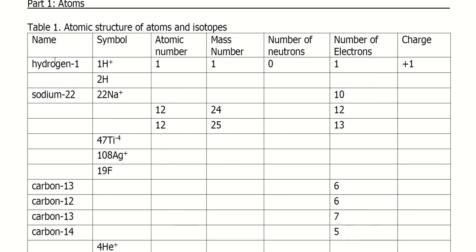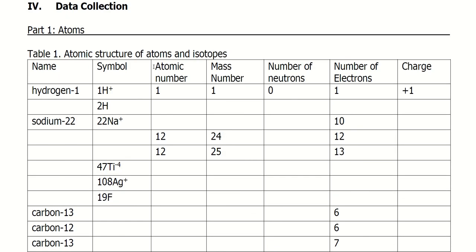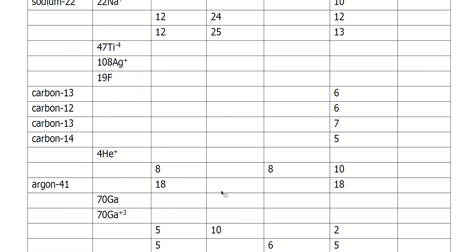So here in part 1, like I said, you are either given the symbol or you are given the information about atomic number, mass number, number of neutrons, all of that. So it's either one or the other. But you absolutely do have enough information to fill everything else in. I adapted this table and changed the types of atoms and everything, and I made sure that you have enough information to fill everything in.